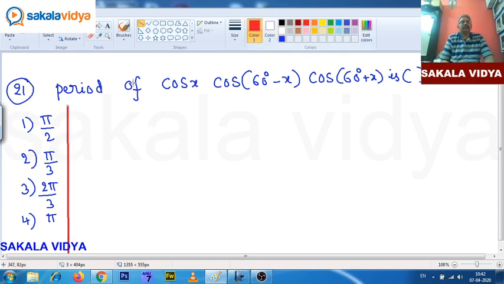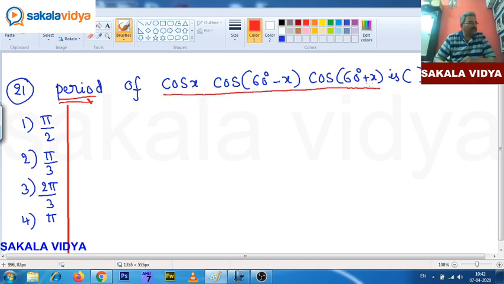So now the period of cos x into cos 60 minus x into cos 60 plus x, we need to find out.